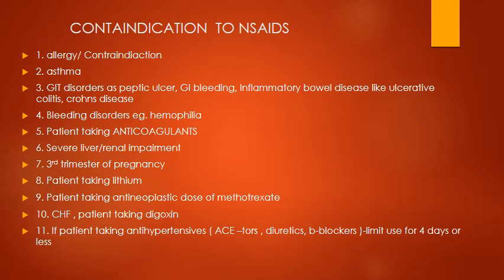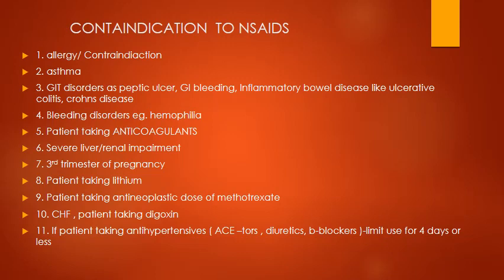Then there are a few medications with which NSAIDs are not prescribed. Example, if a patient is taking lithium, concurrent use of lithium, then the patient is not prescribed NSAIDs. Patient taking an anti-neoplastic dose of methotrexate. Now this is also important.